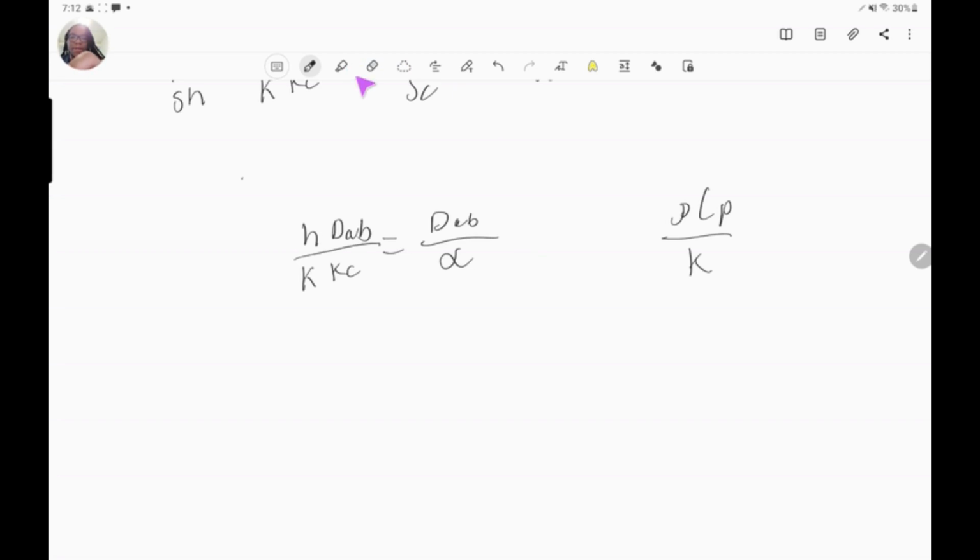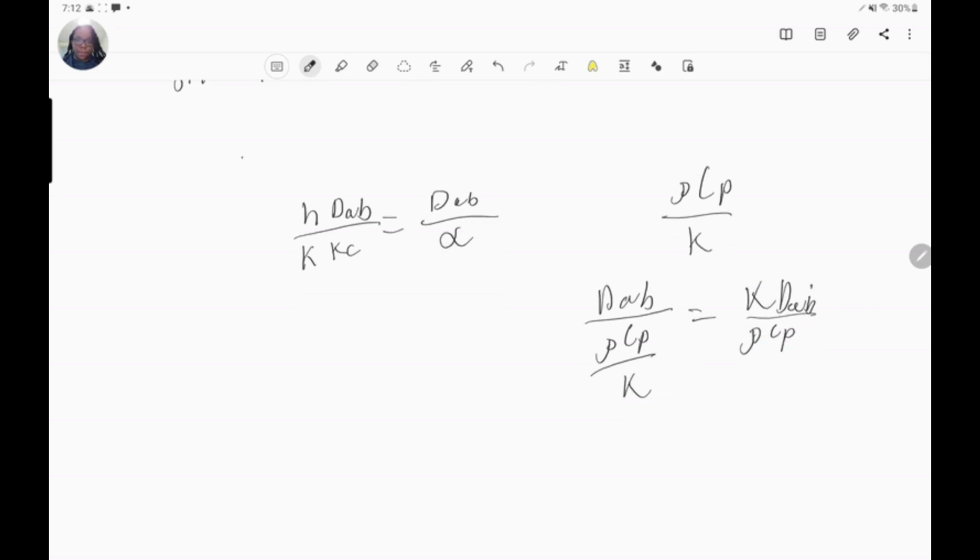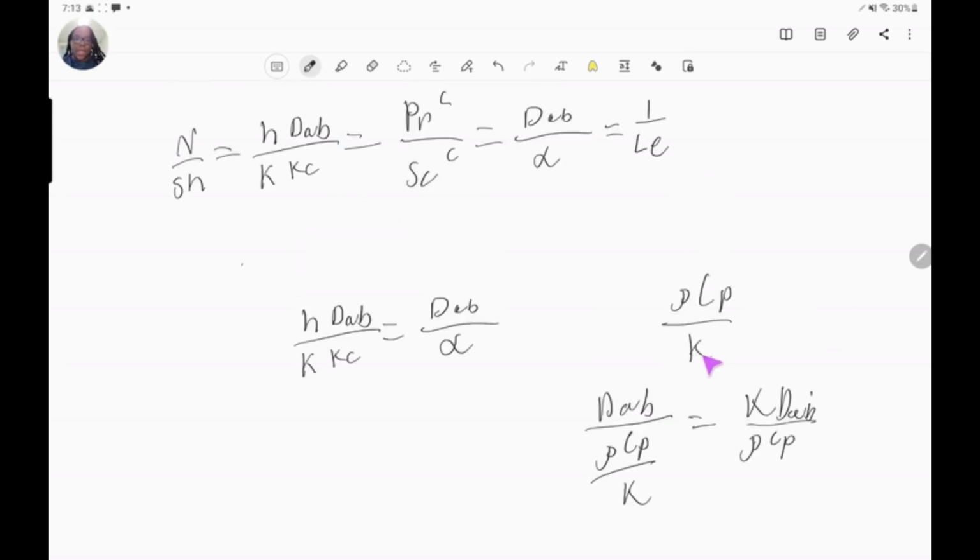Let's see. I'm going to DAB over K, which will equal RK rho CP. Apologies, these are actually flipped.